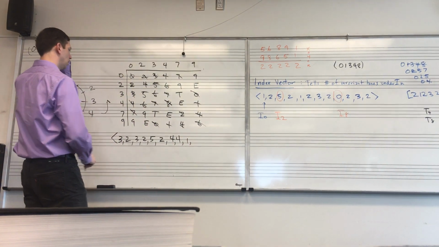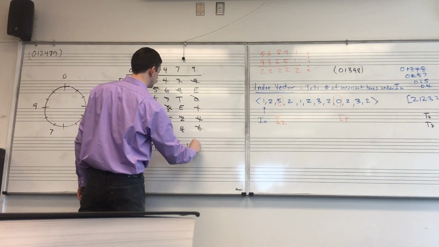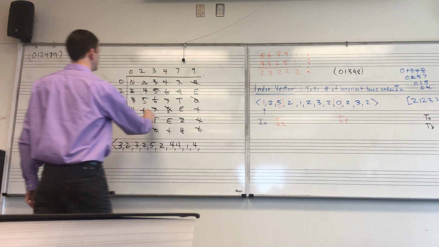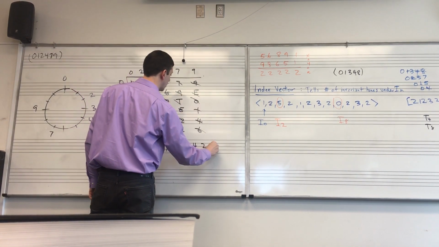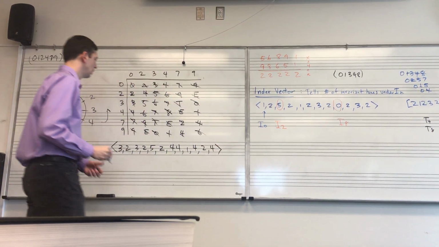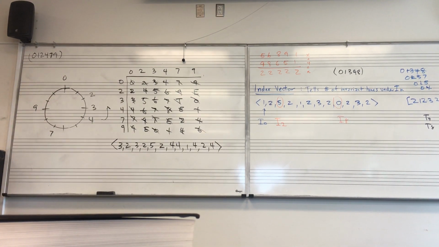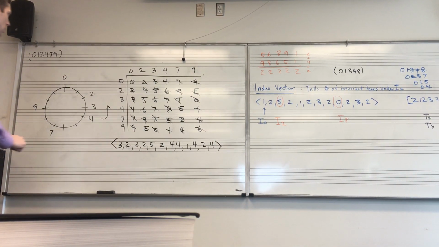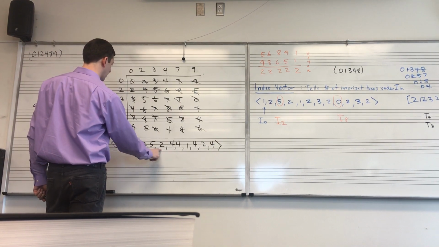Nines: there's 1, 2, four 9s. Two 10s, and 11s. Okay, did I get that right? How many sevens? That's really big. I had four 7s, I think. Oh, 1, 2, 3, 4, 5, 6, 7.